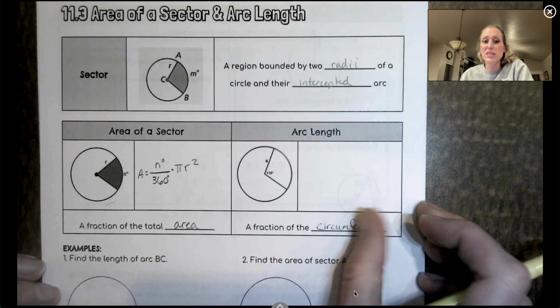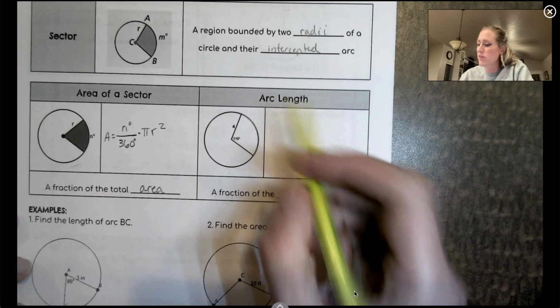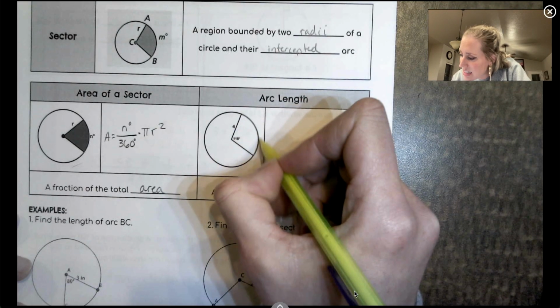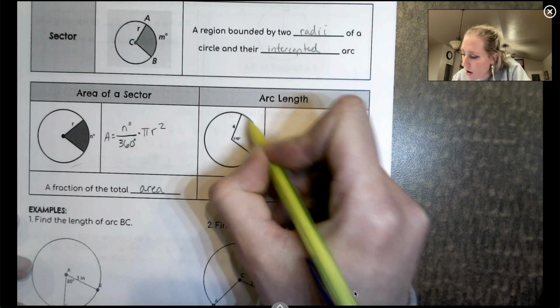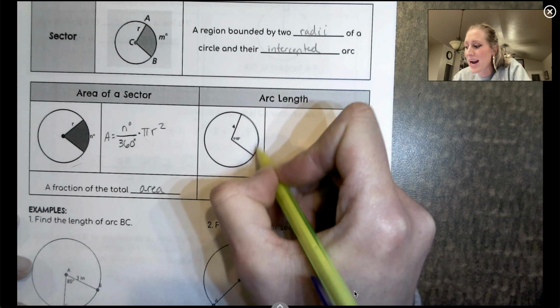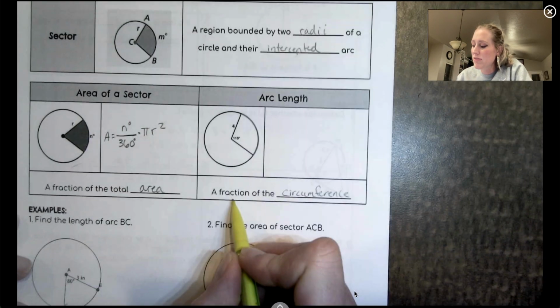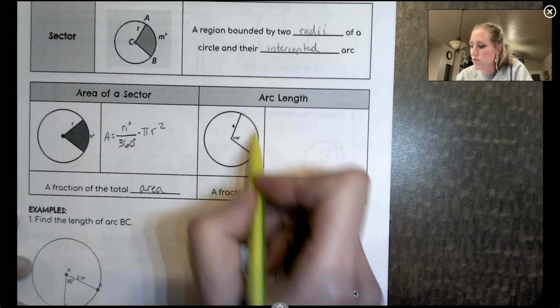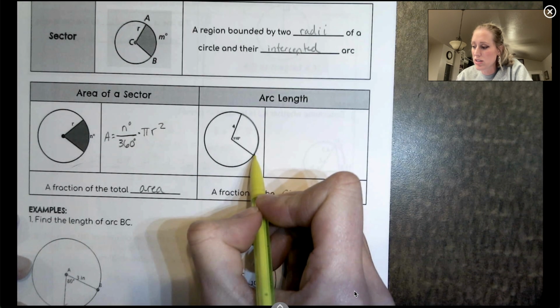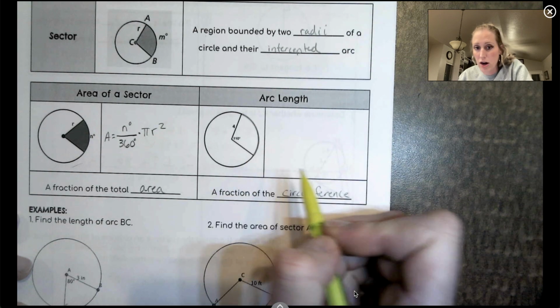We have something really similar for arc length. Arc length is this distance along this arc. So instead of talking about area, this is a fraction of the circumference. Instead of all the way around the circle, it's just a portion along that arc.